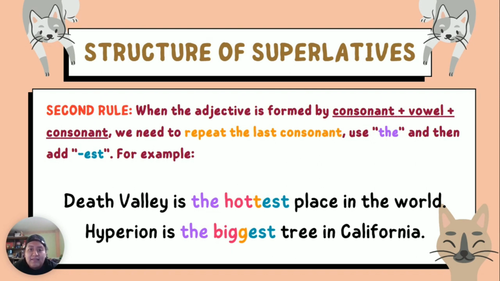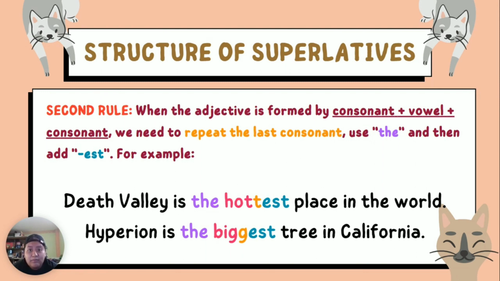The adjective is hot. Consonant, vowel, consonant. We need to repeat the T and add est, hottest, and use the hottest.